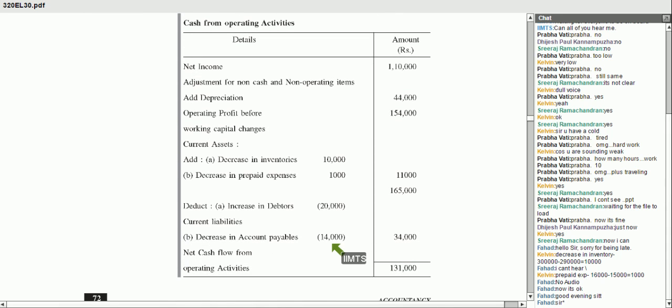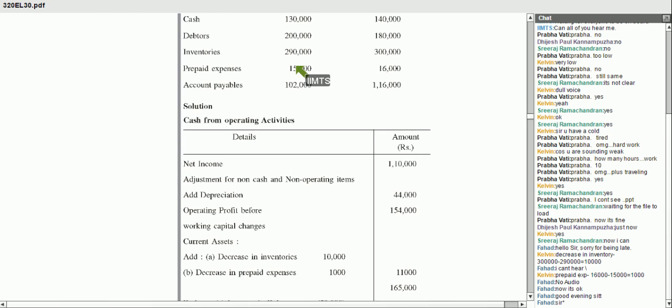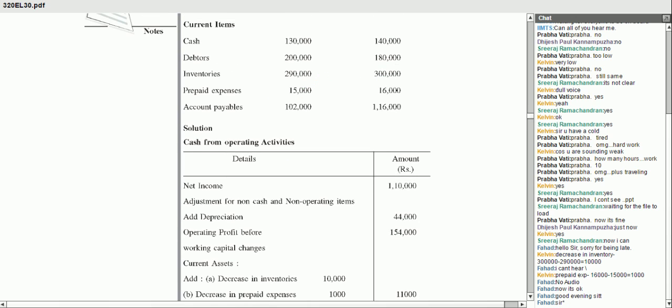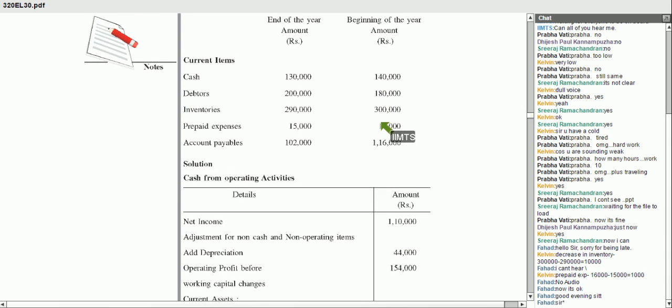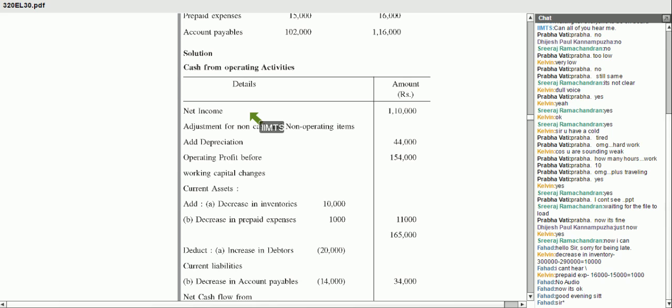Now let's see the current assets. Decrease in inventory: at the beginning of the year the inventory was 3 lakh, and at the end of the year it is 2,90,000. So there is a decrease of 10,000 in the inventory, right? We are calculating the cash from operating activities now, so we will add that decrease in inventory, 10,000.